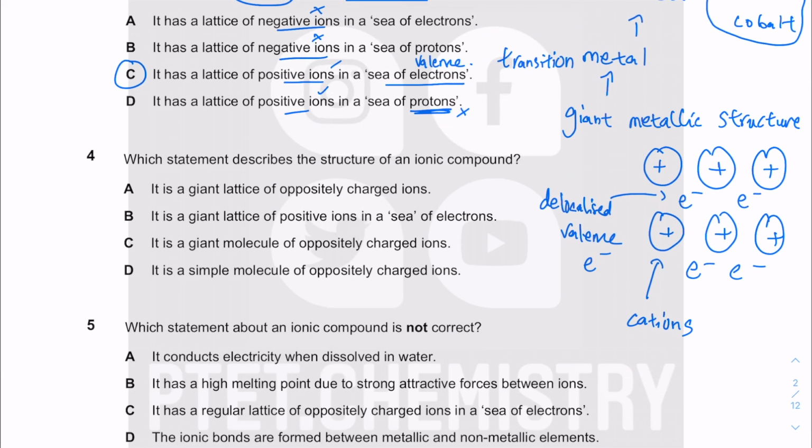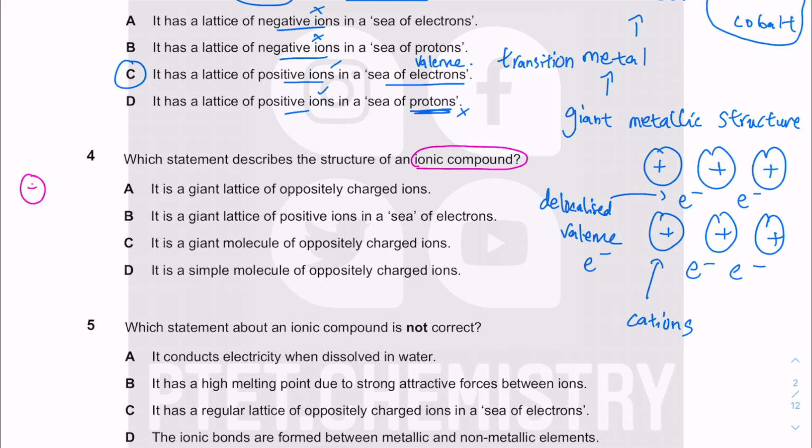Question 4 is a very similar question, but what do we understand about the structure of an ionic compound? Because when you have ionic bonds, you can never have it in elements, you have it in compounds, meaning you have 2 or more elements that are chemically combined in a fixed ratio. This is the basic definition of a compound, as part of atomic structure under atoms, molecules, compounds, mixtures.